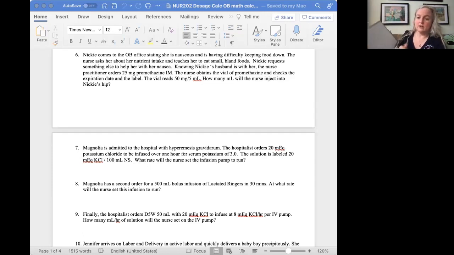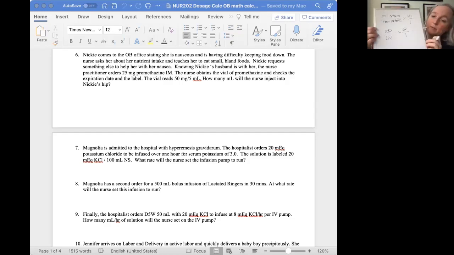We want milliliters ordered over the minutes ordered times 60 minutes in an hour. So we have 100 milliliters ordered, and we want to give it over 60 minutes, times, there's 60 minutes in an hour.